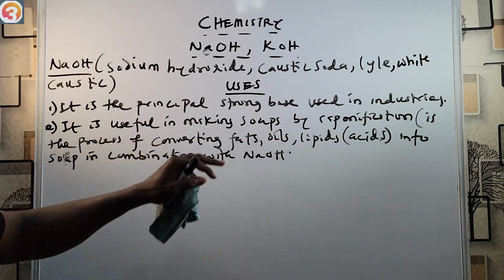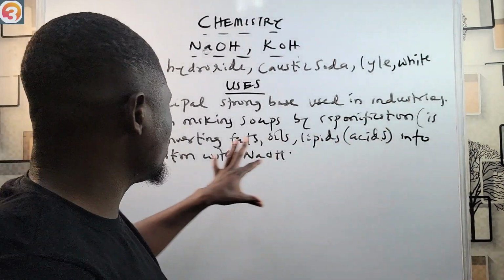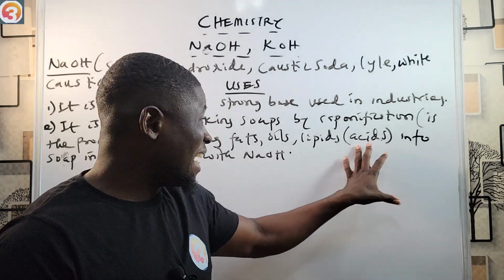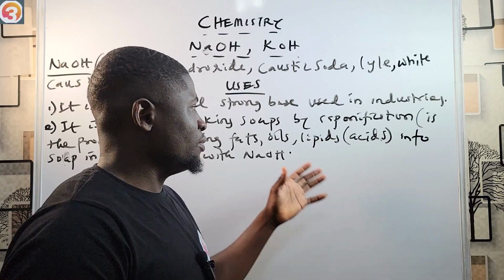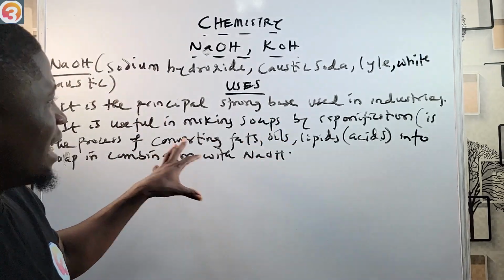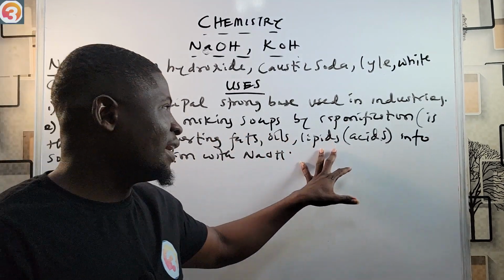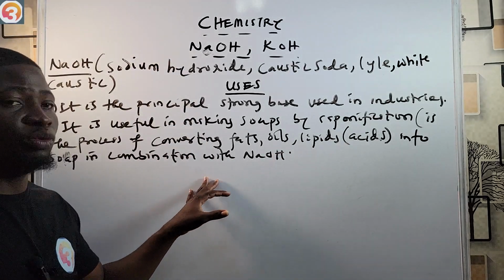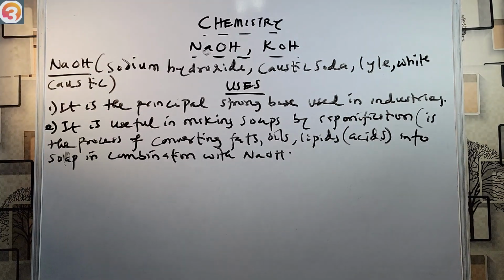So I say it is useful in the manufacture of soaps by saponification. And saponification is the process that converts fats, oils, lipids, the fatty acids, into soap in combination with sodium hydroxide. In the previous episode, we talked about the use of fatty acids as a component useful in the soap industry, right? So this is another use of sodium hydroxide.